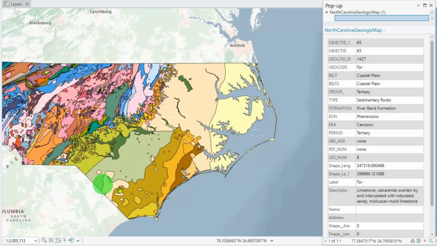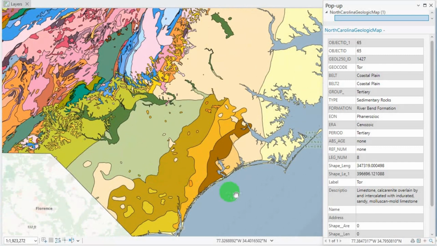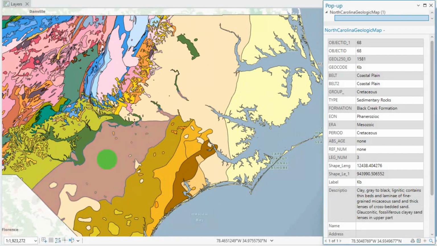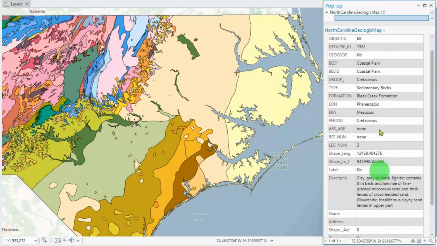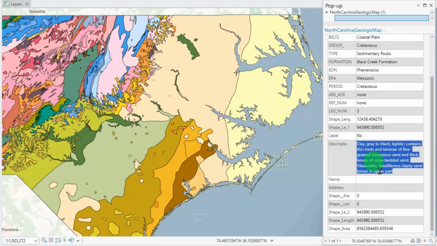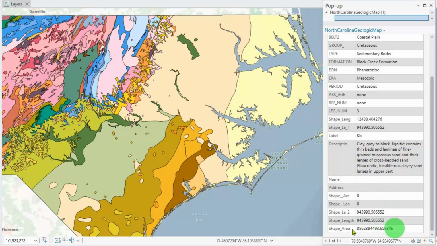So this is that soil map provided by the state of North Carolina. It's nice because you can click on an area and you get the description, really complete description, formation, area, period, discusses kind of with a detailed description, and it also gives the area of that shape, and that's actually in square meters.